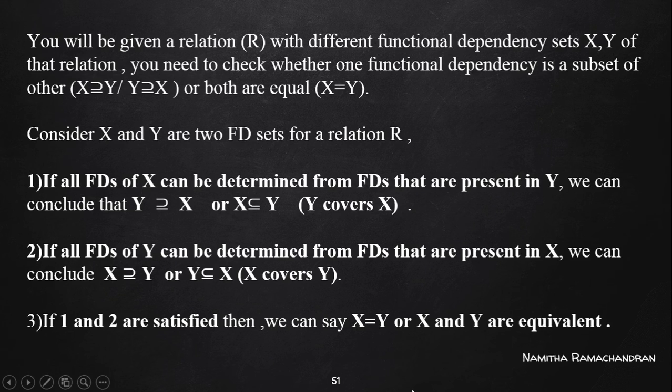So these are the steps that we want to follow in order to check whether the given sets of functional dependencies are equivalent or not. We want to check whether Y covers X and X covers Y.